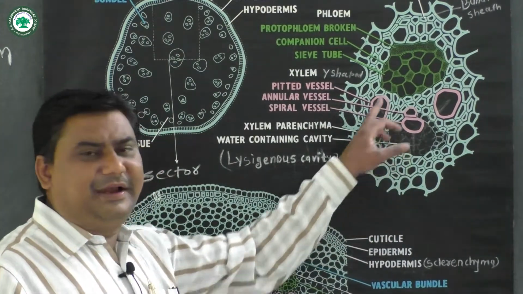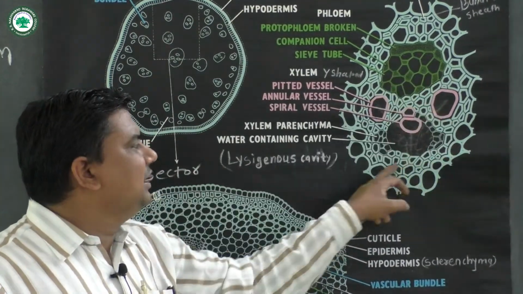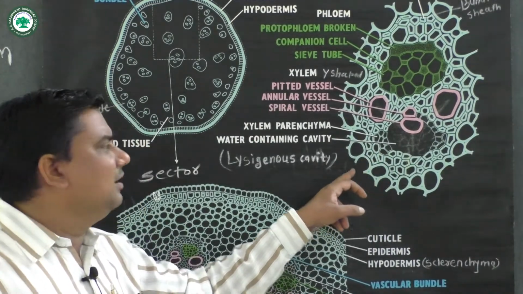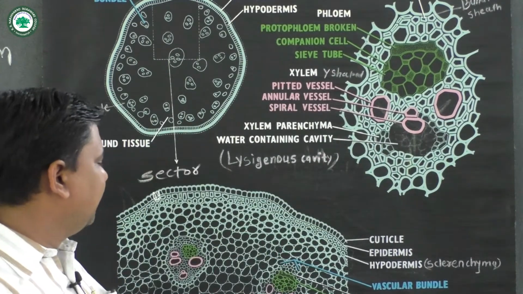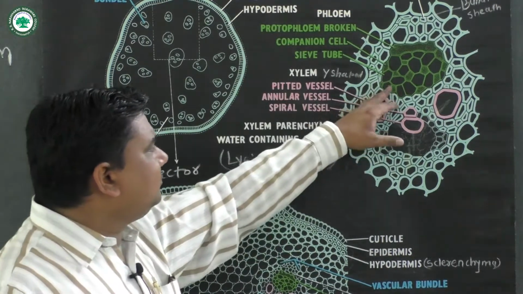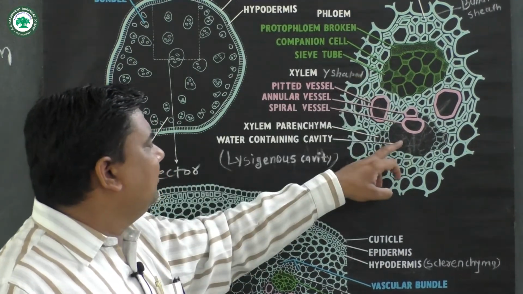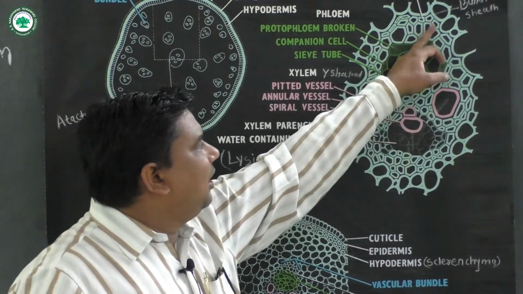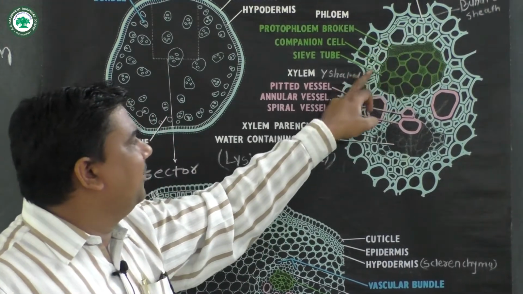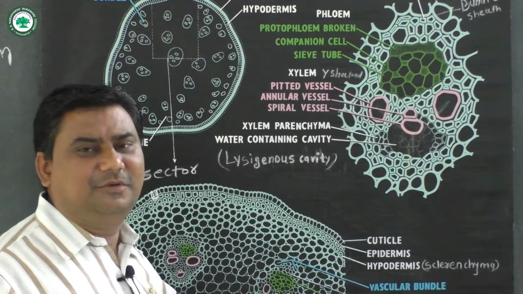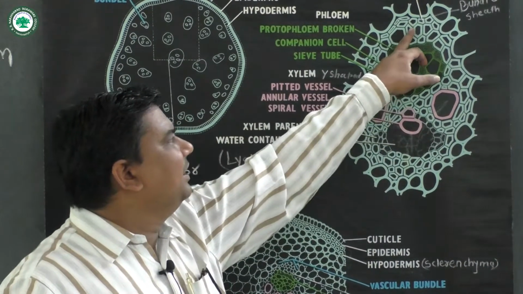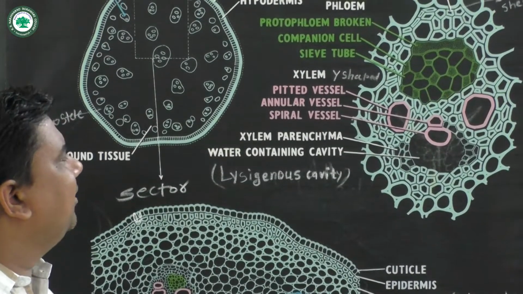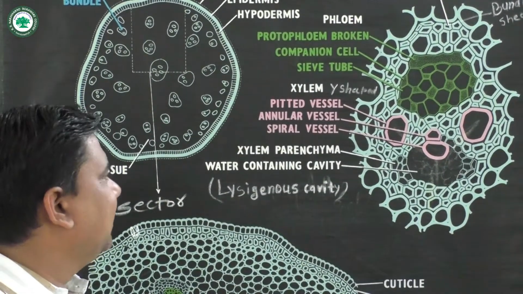Now here, look, there is a single vascular bundle. A single vascular bundle consists of xylem and phloem. On the outer surface of the phloem there is the bundle sheath, and that bundle sheath is made up of sclerenchymatous cells.